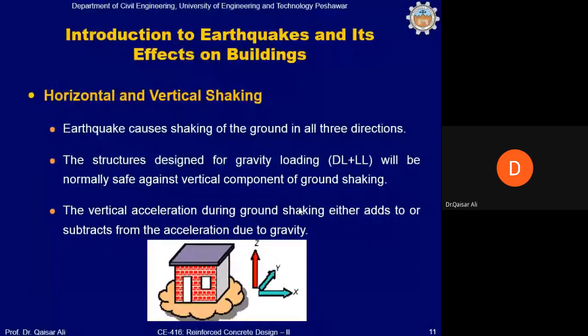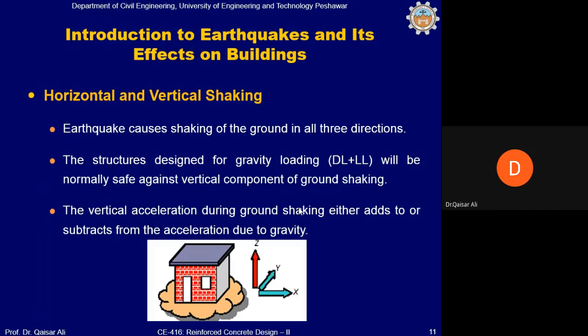And so if the gravitational acceleration is 1G and vertical acceleration due to the earthquake waves is, let's say, 0.2G, then when the direction of the acceleration is upward, the inertia or the force M times acceleration of the earthquake waves is upward, then the weight of the structure at that instant of time will be total weight W equal to mg minus 0.2 mg.